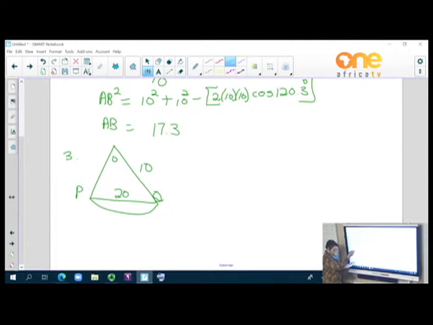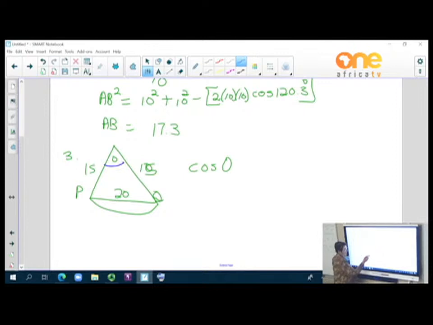Obviously this one is 15 and this one will also be 15. So what do I have? Basically 3 sides, and I want to find that angle. So cosine O, for those of you who struggle with trigonometry, this is the angle that you want.